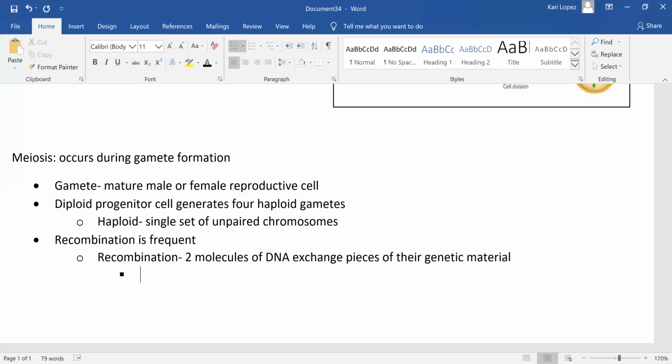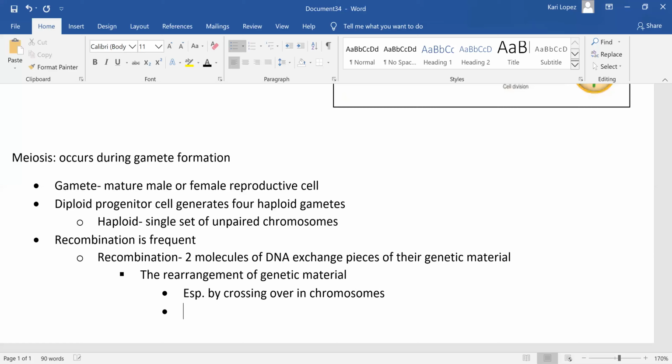And now the other one is the rearrangement of genetic material, especially by crossing over in chromosomes, which is a process, or by artificial joining of segments of DNA from different organisms.